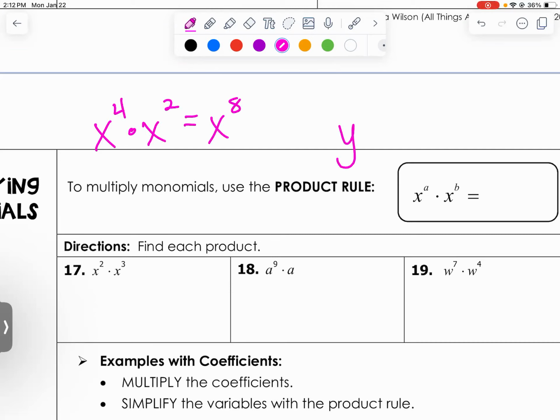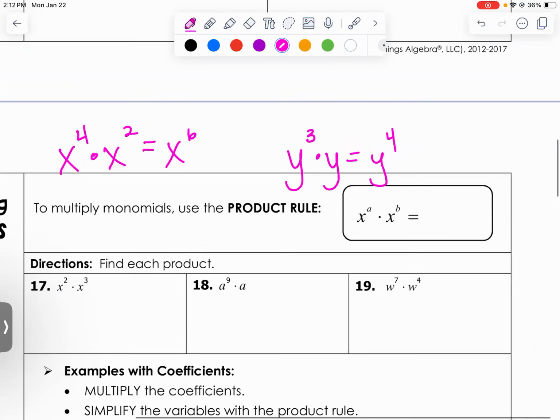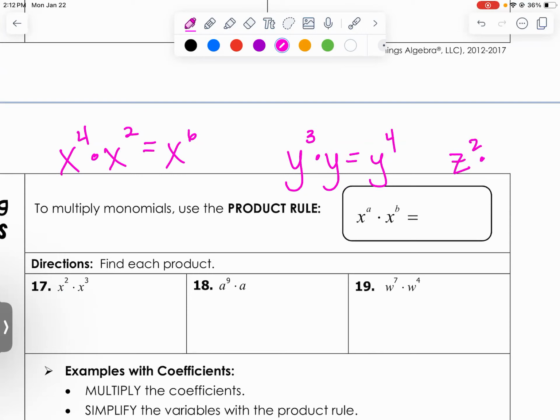And I'm going to tell you that y cubed times, nope, that's not right. Hold on, sorry. x to the 4th times x squared is x to the 6th. y cubed times y is y to the 4th. And z squared times z to the 5th is z to the 7th. So it's just addition. Okay, what's the rule?